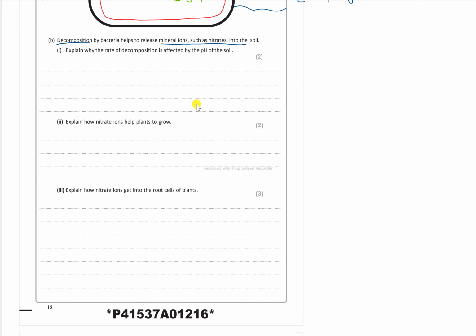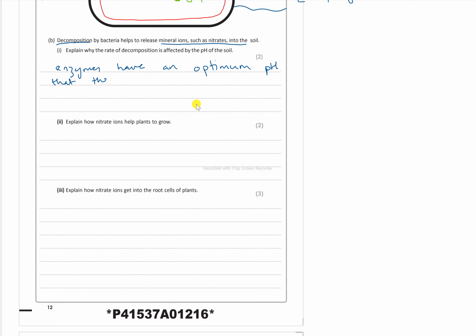Because what happens, enzymes have an optimum pH that they work at. They like to see this word, optimum.